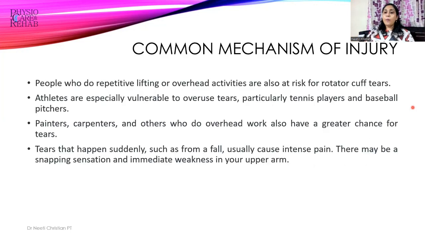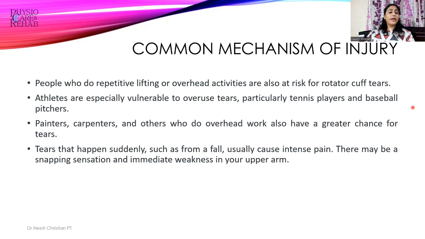So if we see the common mechanisms of injury, people who do repetitive lifting or overhead activities, like painters and carpenters, and others who do overhead work, have a greater chance for tear.